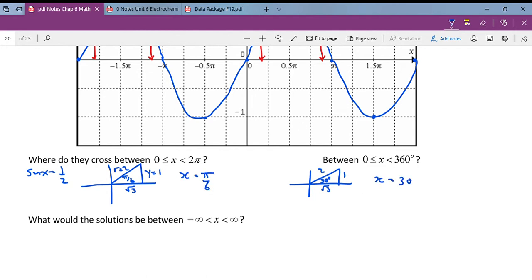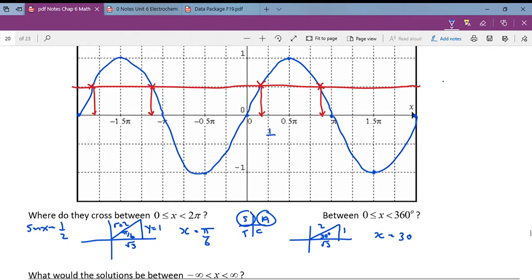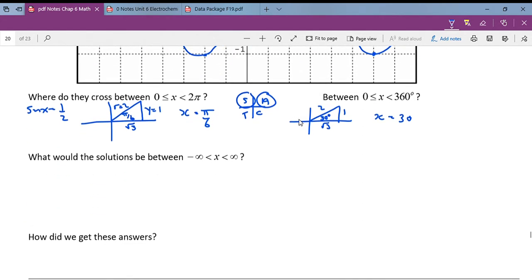To find the next answer, I have to find where else sine is positive. So I can use my CAST rule, and say that sine is positive in the first quadrant and in the second quadrant. Because we've got this drawn up here, you can see that one of my answers is in the first quadrant, 0 to pi by 2, and my second answer is in the second quadrant between pi by 2 and pi. To get that angle, you're going to use a reference angle of pi by 6, because this would still give me 1, 2, root 3. It's just that the root 3 would be negative, which doesn't affect sine.